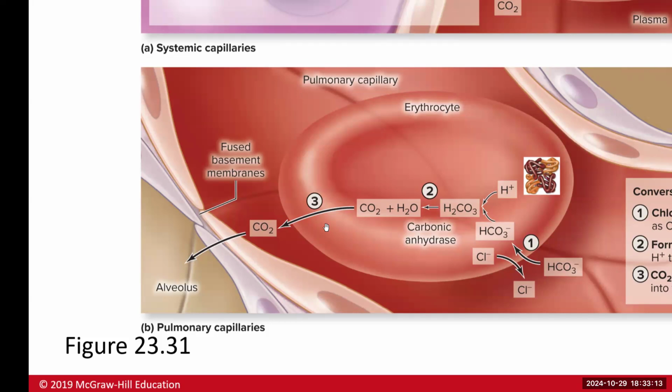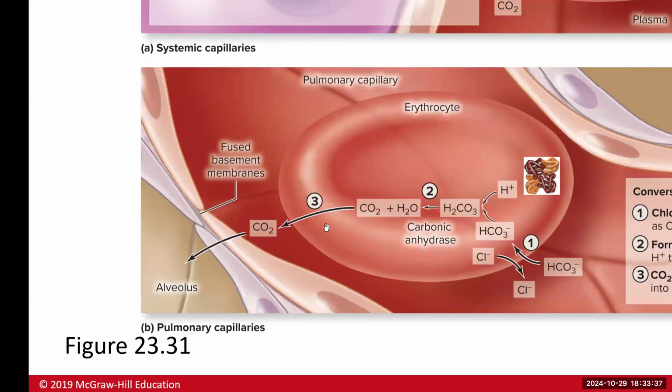Those two molecules are reunited with the help of carbonic anhydrase. It plays both sides of this equation. Carbonic anhydrase quickly forms the carbonic acid molecule, and then carbonic acid dissociates into carbon dioxide and water. And then carbon dioxide shifts out of the red blood cell and moves into the alveolus.